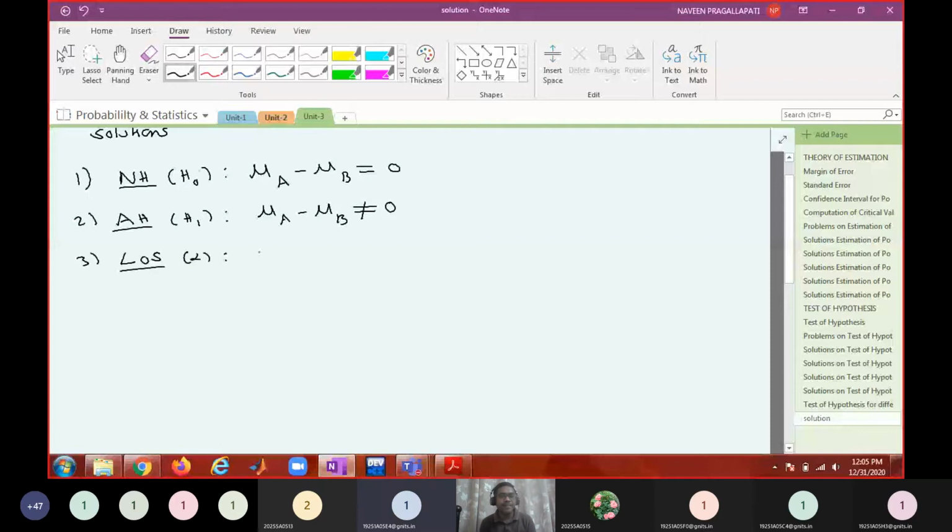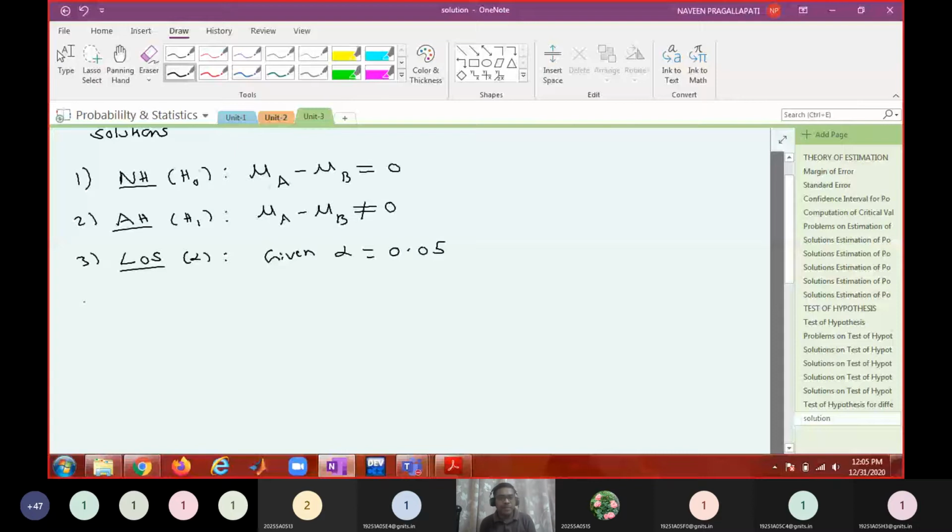What is alpha given in the first part? 0.05. For 0.05, what are the critical values? Let me explain once again, because later-entry students also came.